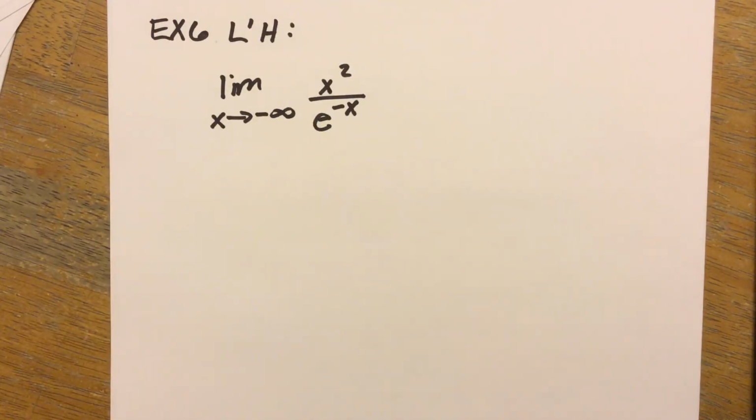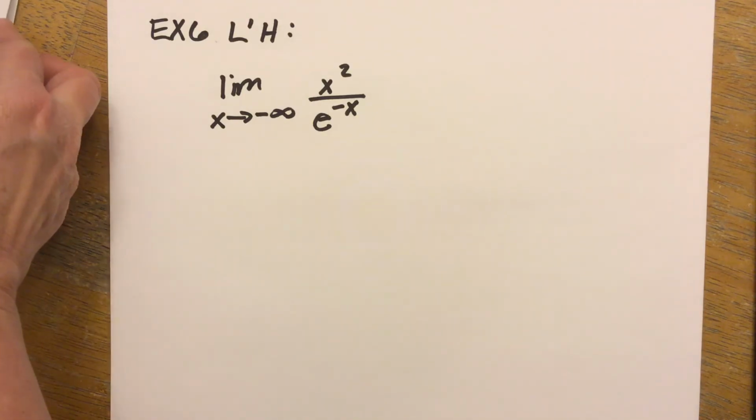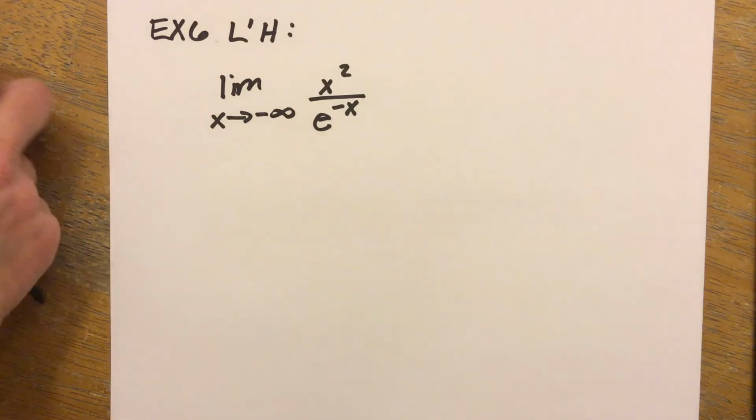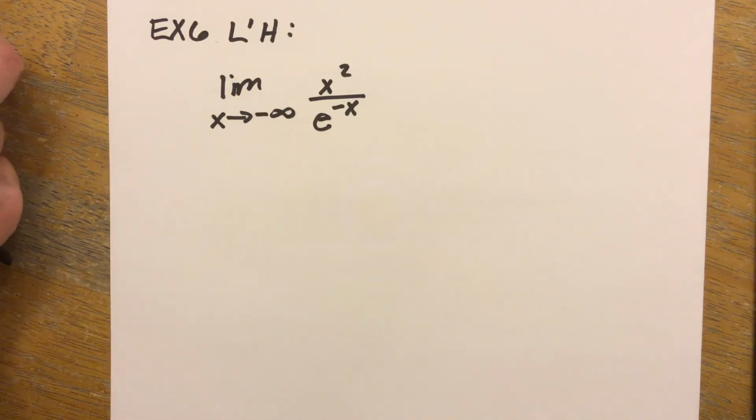Okay, so example 6 has us looking at the limit now with negative infinity, as we have x squared over e to the negative x. So what do we want to do there? We want to think about whether L'Hopital's applies. So they did tell us to apply it.